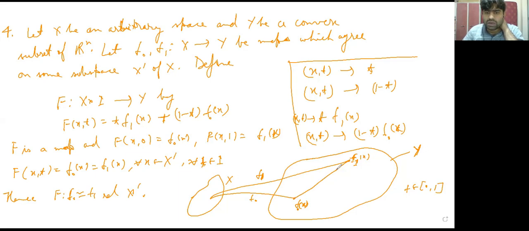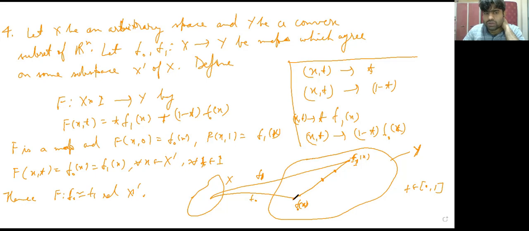This gives the line segment joining f naught x and f1 x. And when you vary t, you will get different points. For t equal to 0, you will have f naught x. For t equal to half, you have some point here. For t equal to maybe 3 upon 4, you will have some point here, right? And so on.